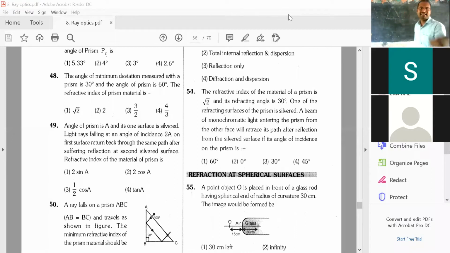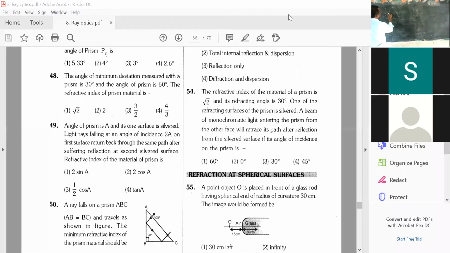Next, what they are saying: a light ray falls at an angle of incidence 2A on the first surface. Let us imagine this is the normal to the first surface. A light ray is falling here at an angle of I equal to 2A. Then the ray, after refraction at the first surface, returns back through the same path after reflection at the second reflecting surface.